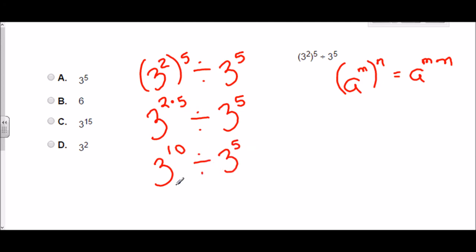And so now we have 3 to the 10 minus 5, because whenever you're dividing, you're supposed to keep the base and subtract the exponents. Since the bases are the same, you're now going to end up with 3 to the 5th. So this problem looked complex, but it really wasn't. It was just multiple things in the same problem. 3 to the 5th.